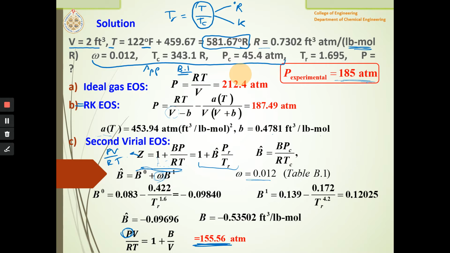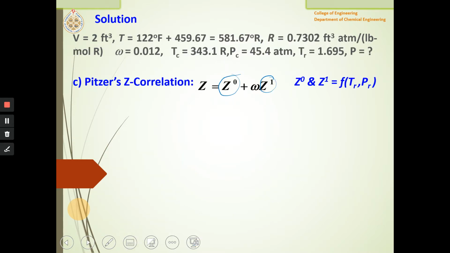Then what does it mean? Before I go to part D, I will explain this. Okay? Here in part C, there is Z0 and Z1, but we are going to find Z0 and Z1 from Lee-Kesler. Lee-Kesler means what? Appendix E1 to E4. Okay?